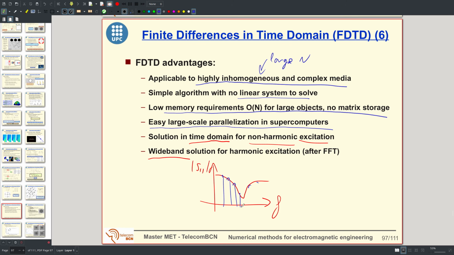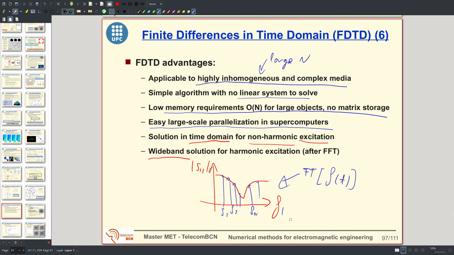Instead of solving the frequency domain problem at many frequencies, it is much better to solve the problem in time using FDTD as a function of time, and then using a Fourier transform of the problem in time, you get your parameter, your solution.